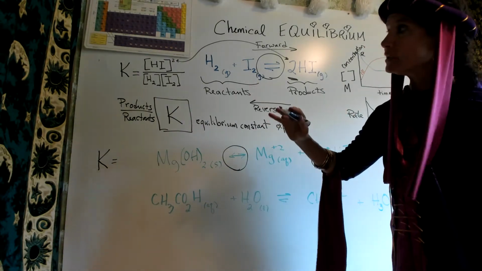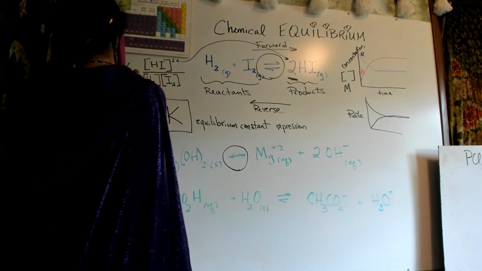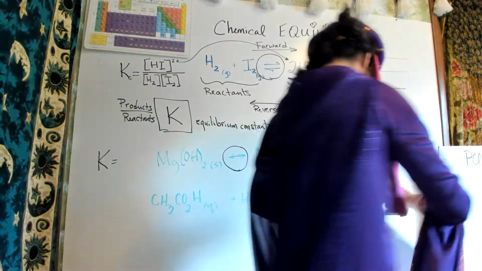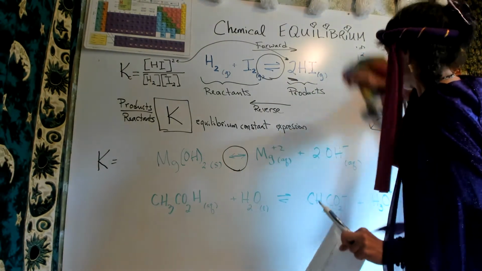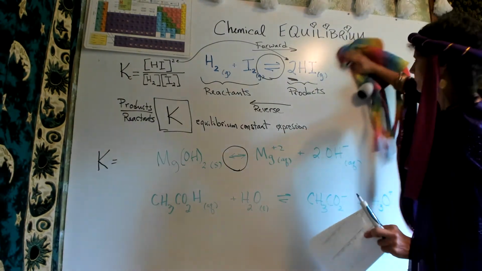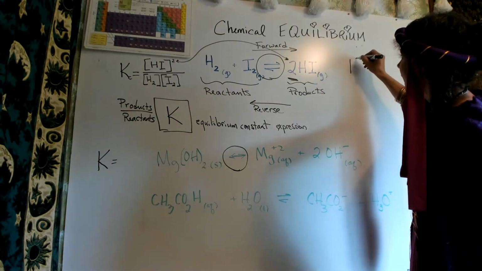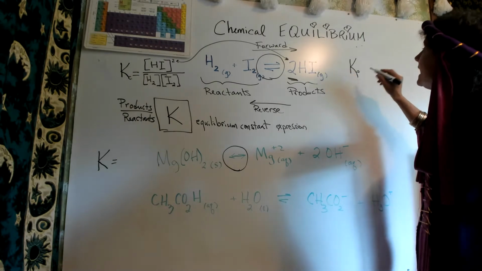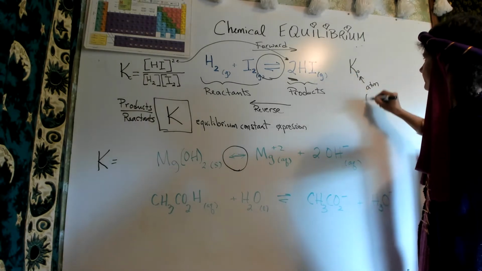If we plug in molarity, it is technically called Kc with the little c. That c is usually left off. There is also something known as Kp, and we will run into it. I'm not sure that we run into it here in this very first lecture, but it is in these lecture notes. Kp stands for using ATMs, pressure.